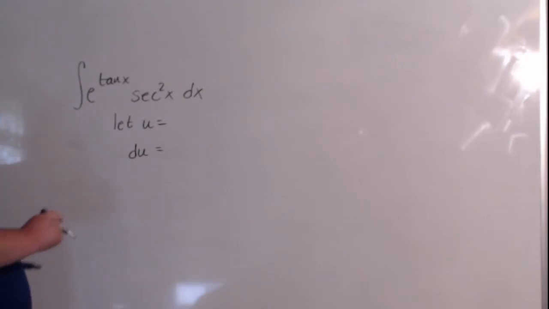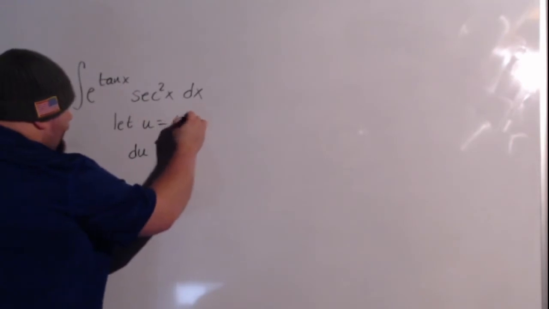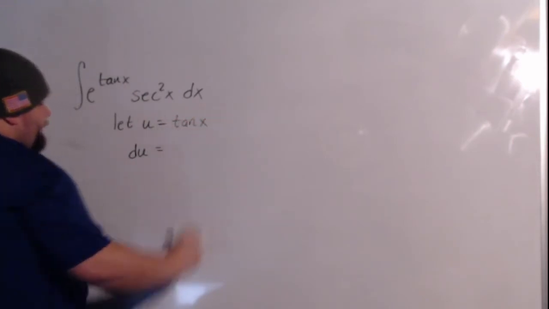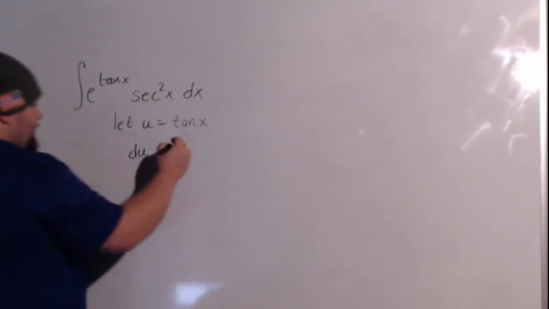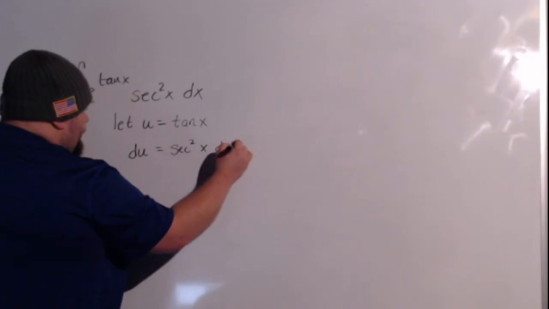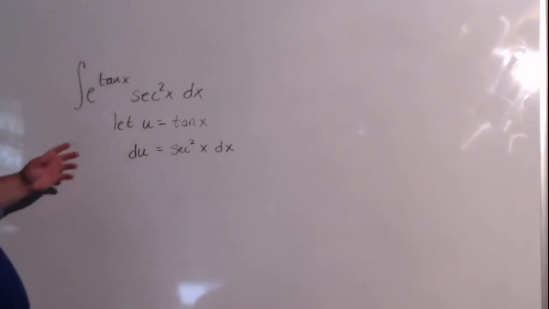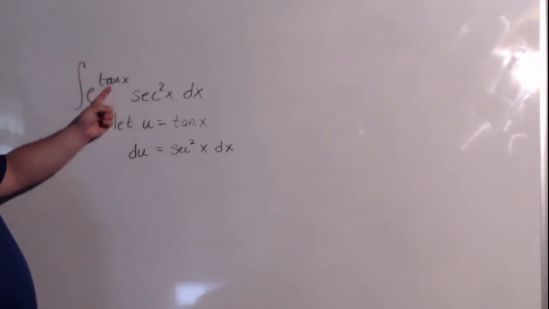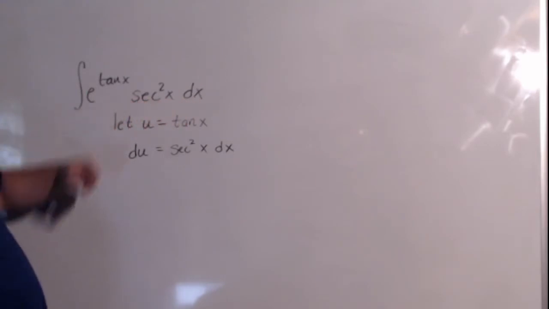So I'm going to let u equal tangent, because the derivative of tangent is secant squared. And therefore, this is e to the u, and all of this is du.